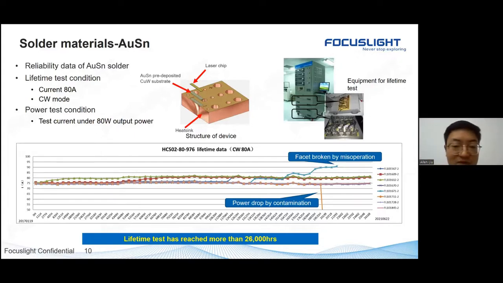We tested the device lifetime under a current of 80 amps in CW mode, and we got more than 26,000 hours lifetime, and this device is still under test. We want to get more than 50,000, maybe even 100,000 hours. And the equipment to test the lifetime is our self-made equipment.